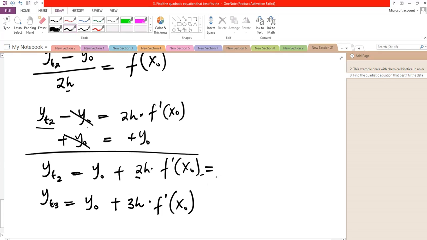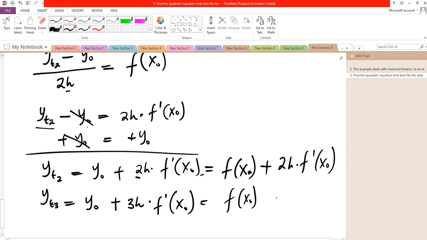So now I can just say this equal to the function of x sub 0 plus 2h times first derivative function of x sub 0. Now this is the same thing. Just write in this form.